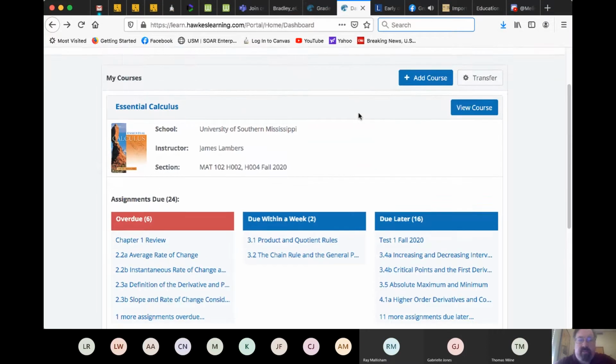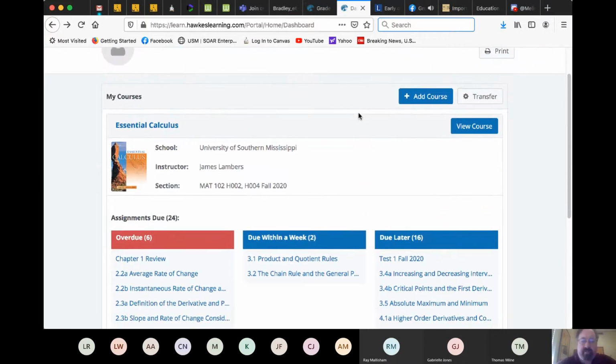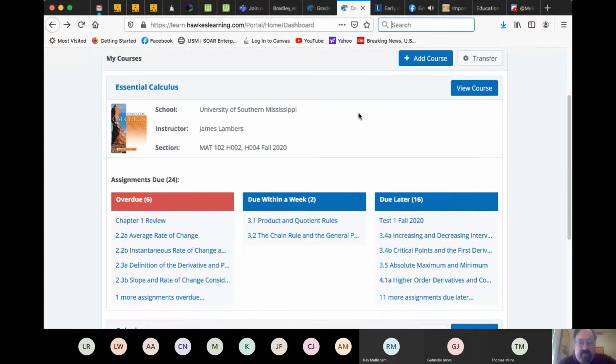Okay, so this is the same kind of a view in Hawks from the main page that you all have.